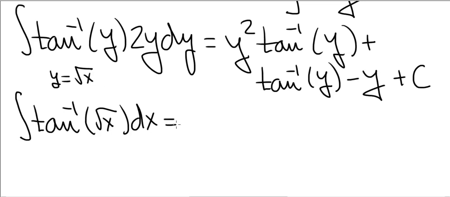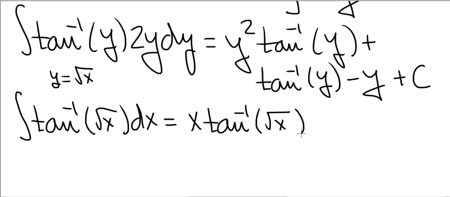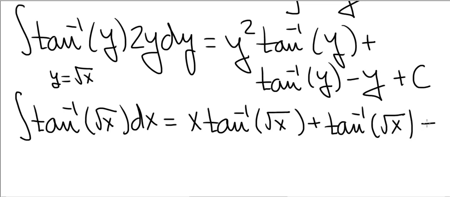So now the answer is y squared, which is x, times inverse tangent of y, that's inverse tangent of square root of x, plus inverse tangent of y, which is inverse tangent of square root of x, minus y, which is minus square root of x, plus c. And that is the final answer.